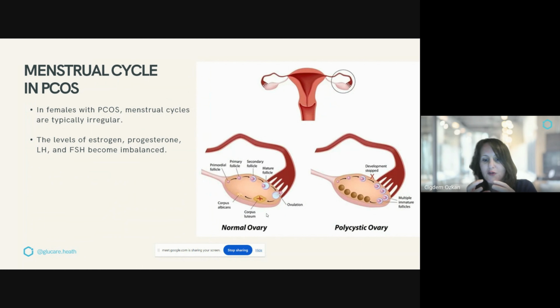Many follicles and microcysts appear in the ovary, and this leads to imbalance in estrogen, progesterone, luteinizing hormone, and FSH, which lead to anovulation and also contribute to metabolic problems.